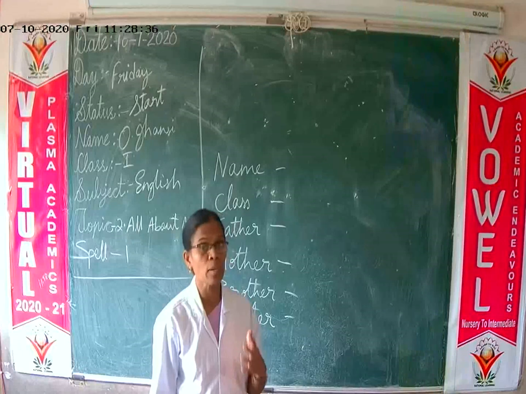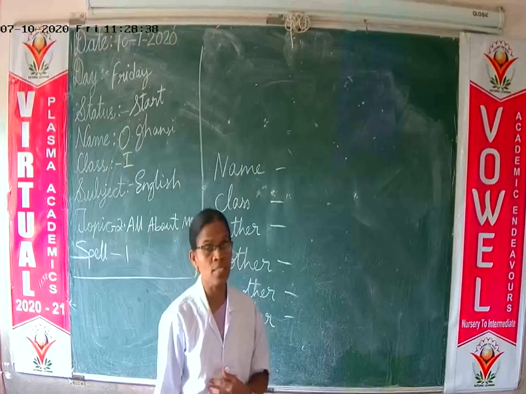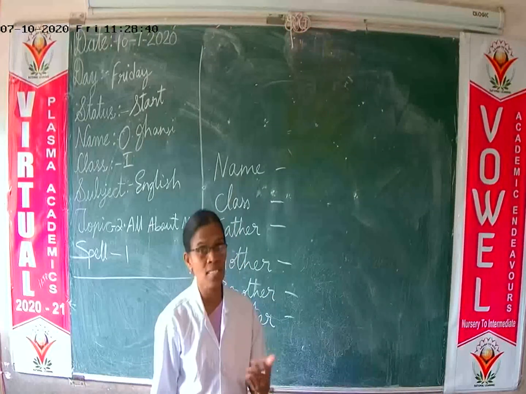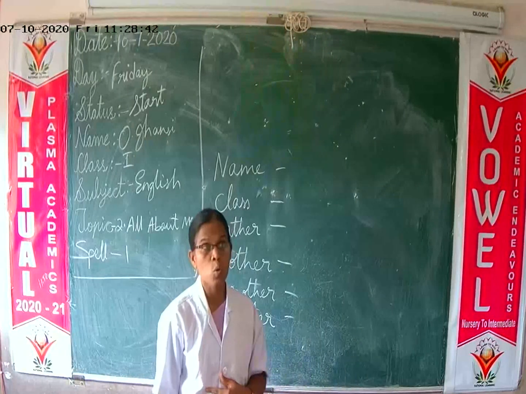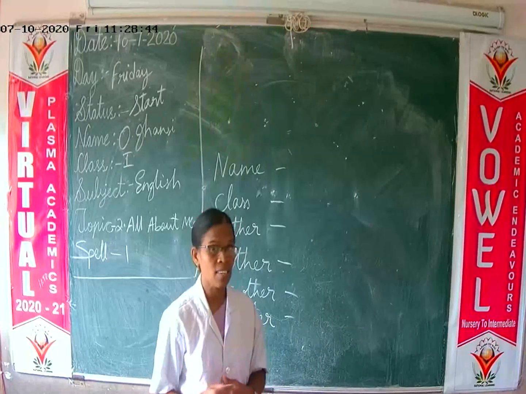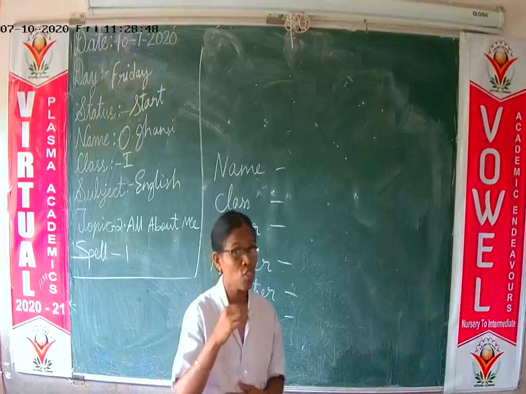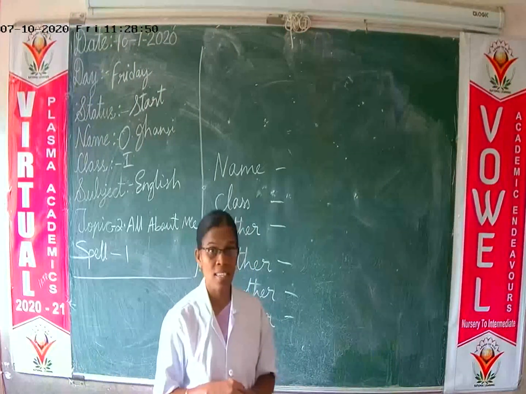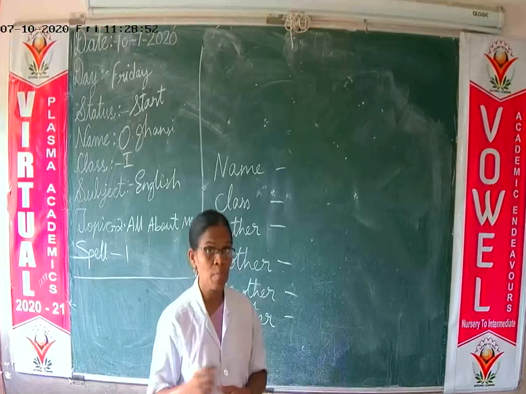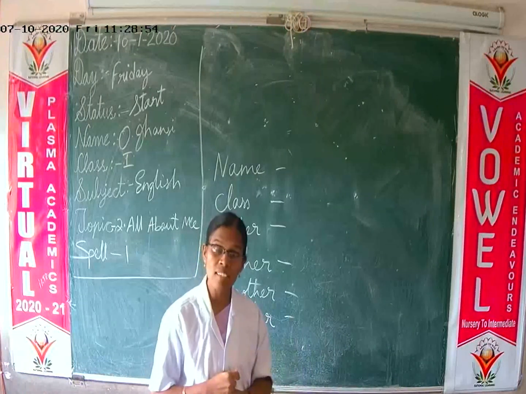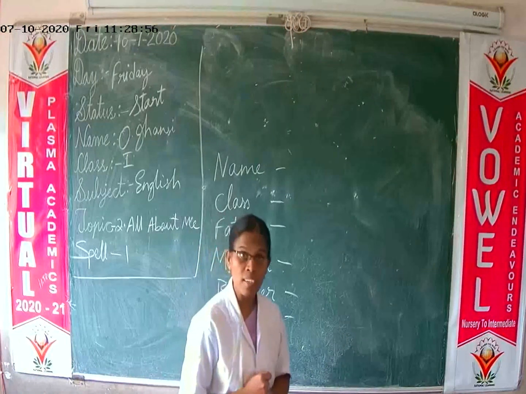So, which thing are you interested in the most? You can say, I love painting. I love coloring. I love drawing. I like gardening. I like dancing. I like singing.